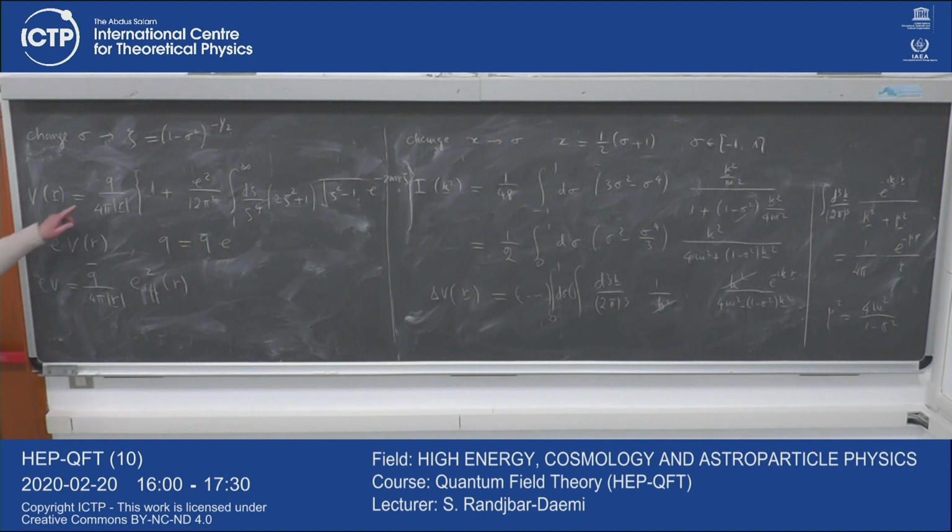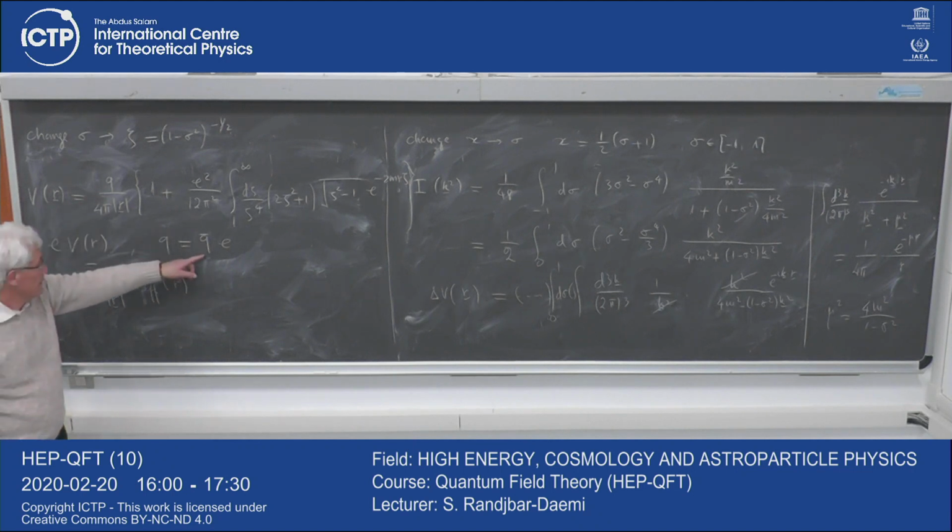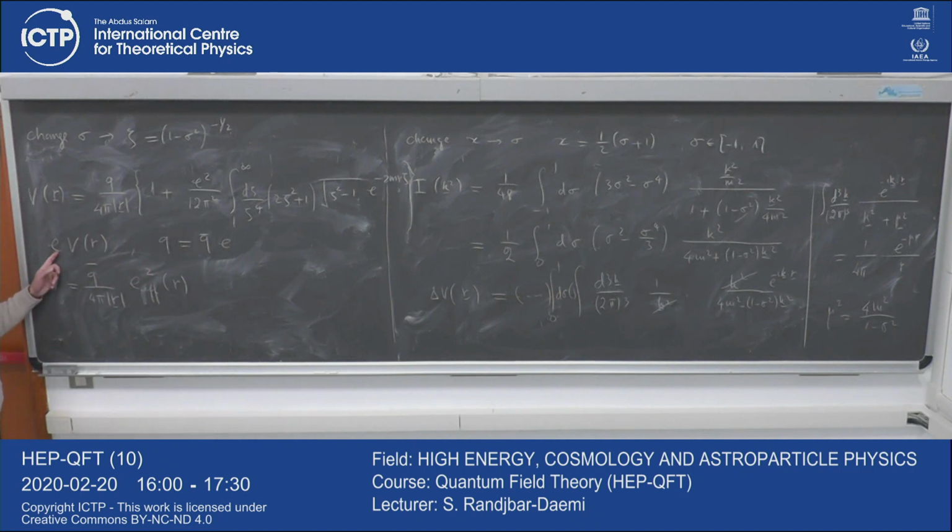So obviously, if I write Q like this and multiply V by e, there will be an e squared.